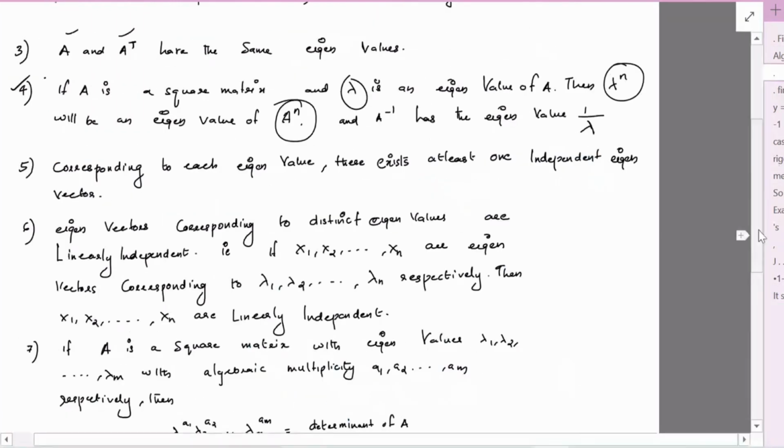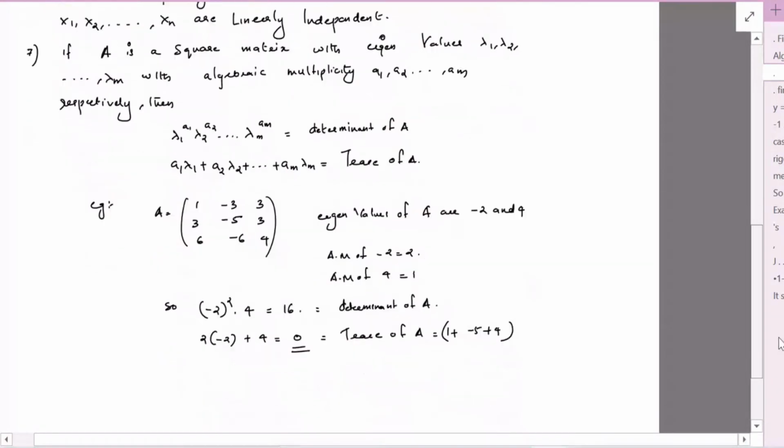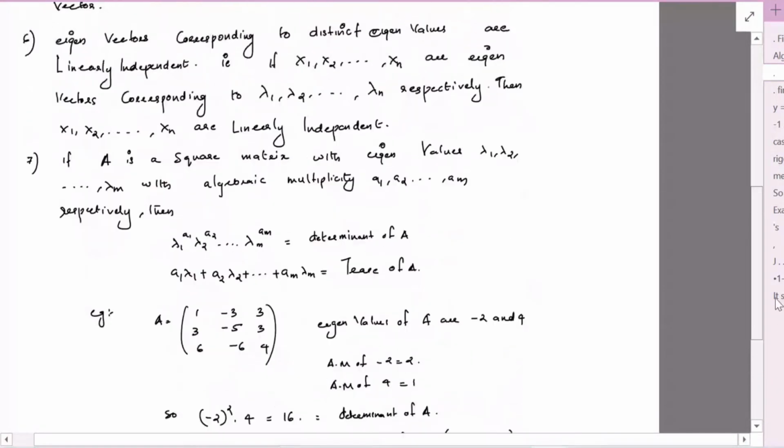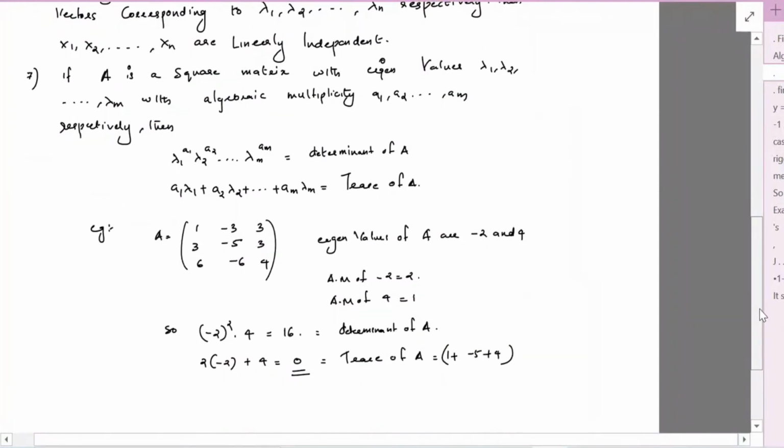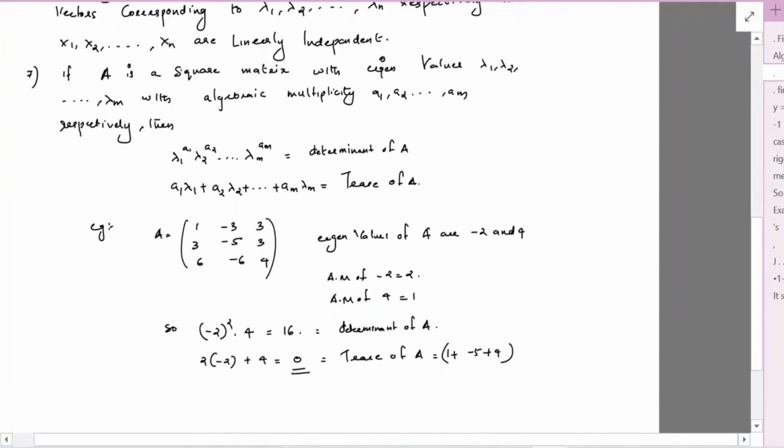And the last property: if A is a square matrix with eigenvalues lambda 1, lambda 2, up to lambda m with algebraic multiplicities a1, a2, up to am respectively, then the determinant of A will be the product of the eigenvalues, and the trace of A will be the sum of the eigenvalues.